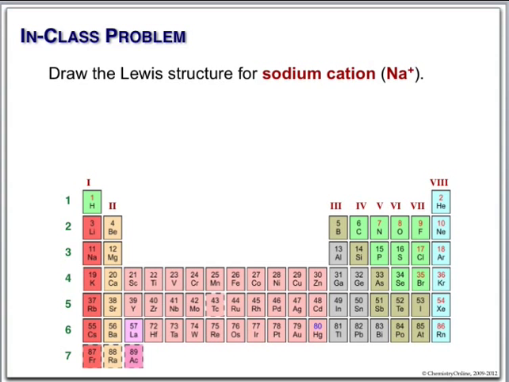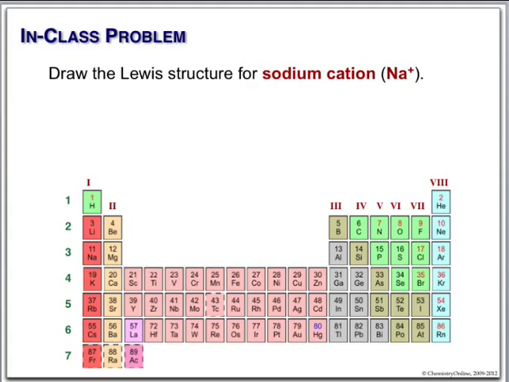Let's do one more. Sodium forms a positively charged ion called a cation, C-A-T-I-O-N. Go ahead and draw the sodium cation. Now to do that, you want to start off with the Lewis structure for sodium. Sodium is here.